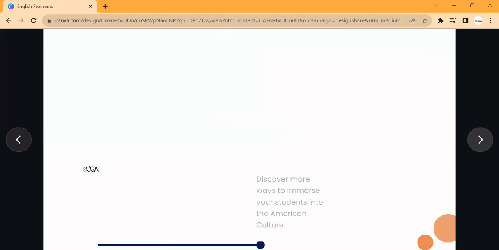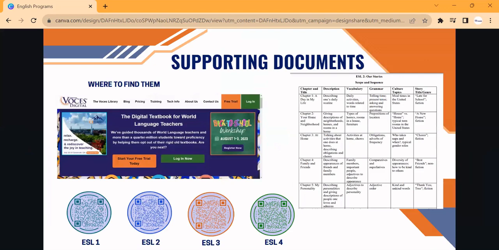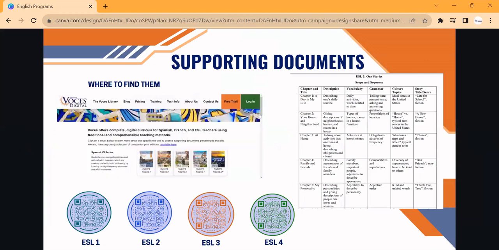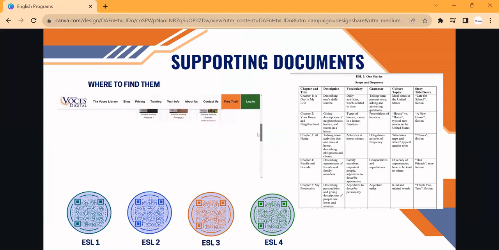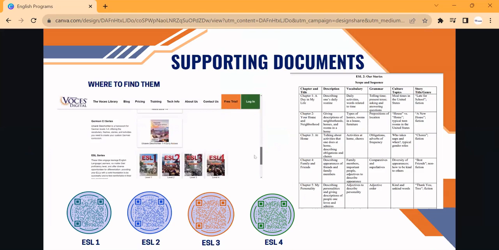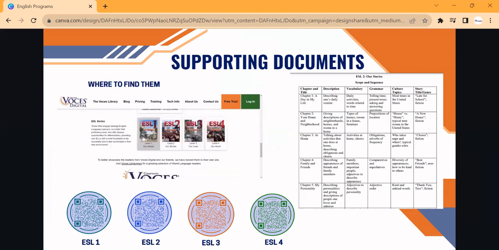And then you have right here supporting documents that will basically provide all the different information you need to decide what type of level or series you want to use. This is a sample of ESL2.